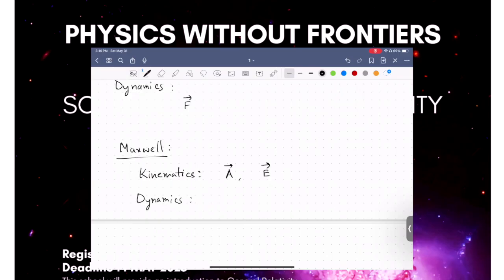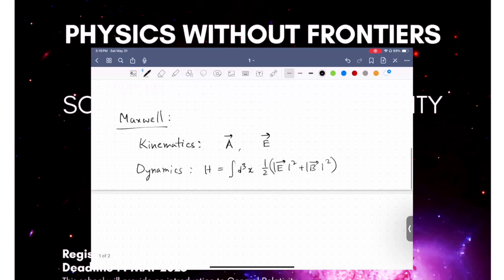If you are not familiar with this expression, you don't have to worry too much about it. I'm just going to write it down for the record. It's the same expression.